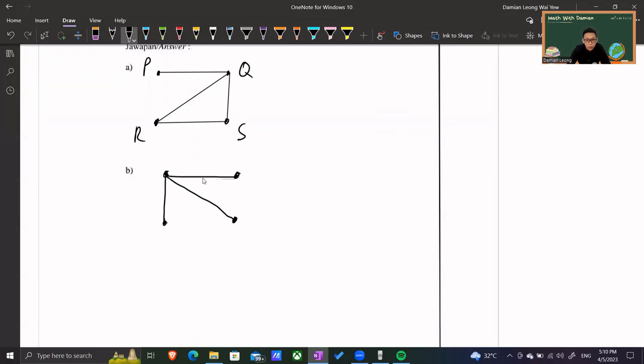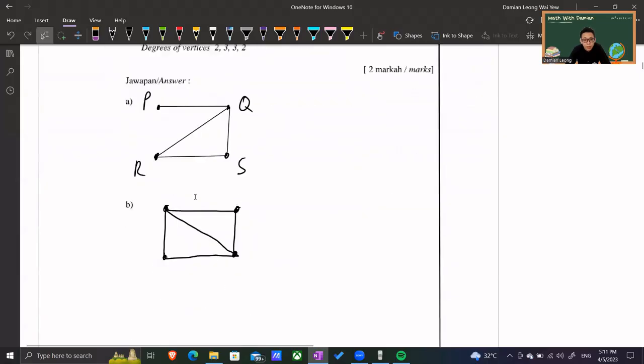So to get vertices of degree 2 and 2 and the other one 3, basically I just connect like this. So this has degree of 3, degree of 3, degree of 2, degree of 2. That's the 2, 3, 3, 2. That's for question 2.